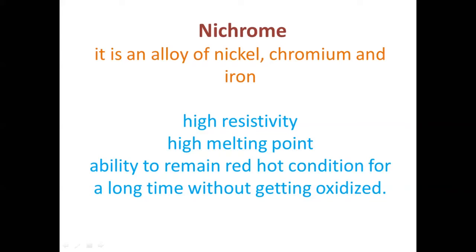When electricity passes through nichrome wires, it has higher resistivity and a higher melting point, so it cannot melt. The nichrome wire becomes red hot, but it doesn't get oxidized.